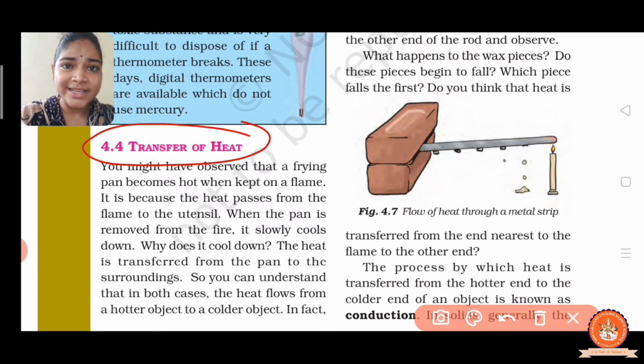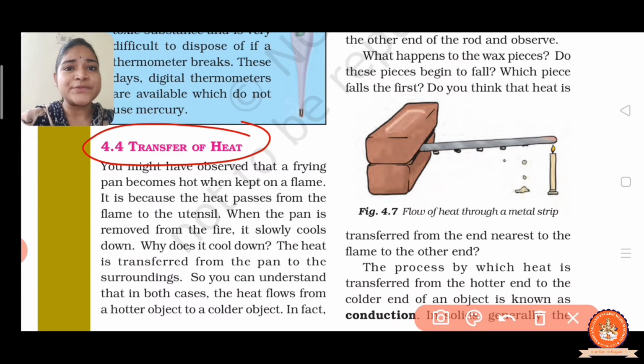Why? Because the handle of the frying pan is made of plastic material, in which heat cannot transfer easily. But the body of the frying pan is made of metallic material, so heat can easily transfer to the body of the frying pan. That's why your mother always touches the handle of the frying pan, right?